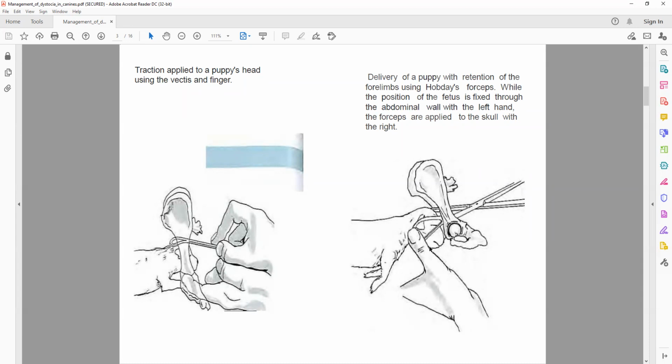Again I am telling you, these manipulations are only possible when the fetus is either within the cervix or has come out of the cervix, because your finger also has a limitation. And second, when you are putting this Hobday forceps or any other instrument inside, you have to be very, very careful that you are not rupturing, or taking the vaginal skin along with the head.